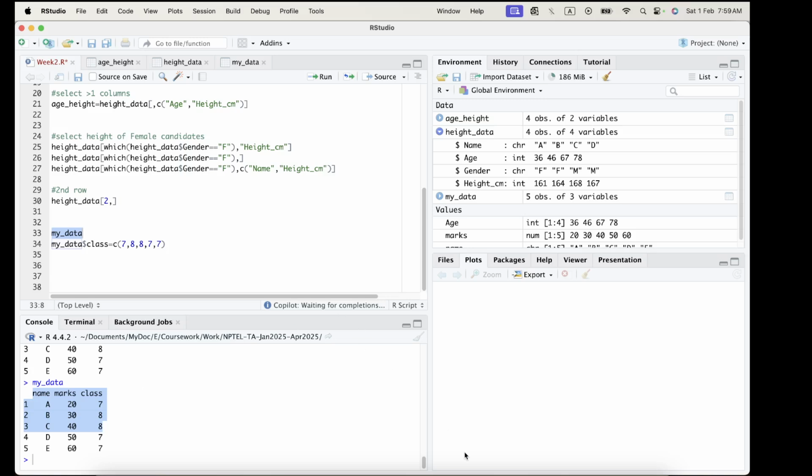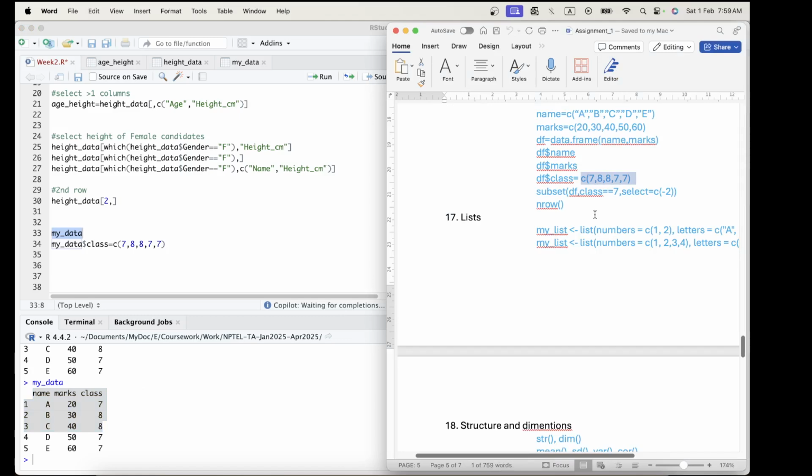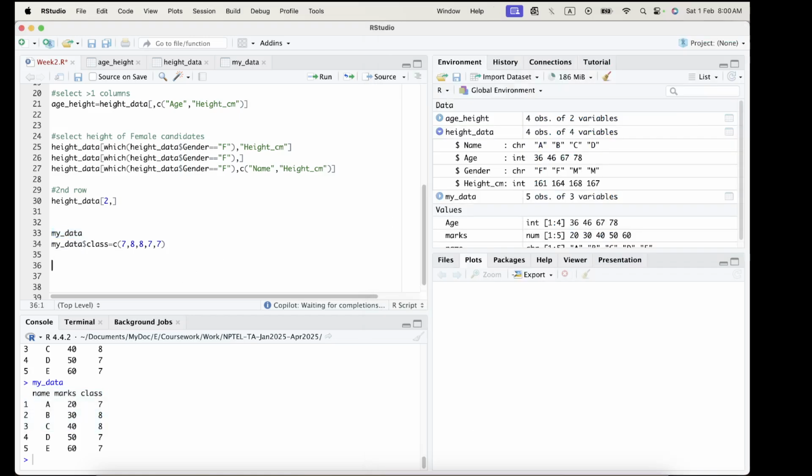Okay, now if I run this command, this will also subset my data.